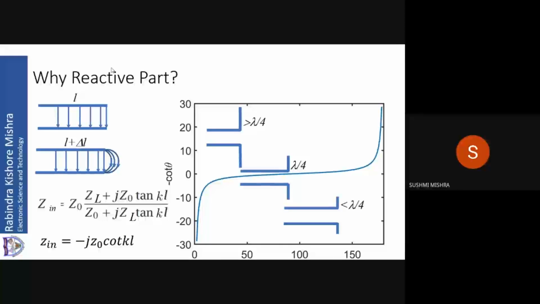It is open circuited at a distance of delta L. If the upper one has length L, then the lower one is L plus delta L. The strength of these lines of force is very small, so they can be neglected after a distance of delta L, and we can say that electrically, the transmission line extends by an amount delta L beyond its original length L.